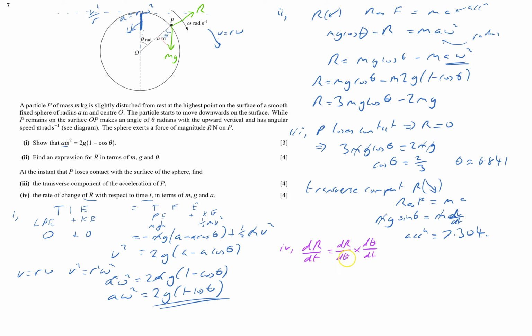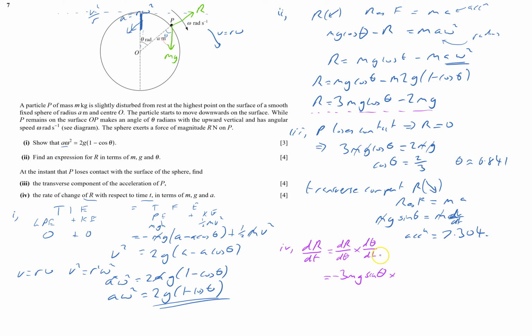So I've got to differentiate R with respect to theta. This is what R is here. So differentiate that will give us cos theta goes to minus sin theta, so that'll be minus 3mg sin theta times d theta by dt, and that is the same as omega.